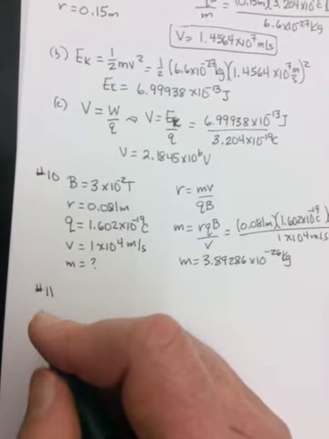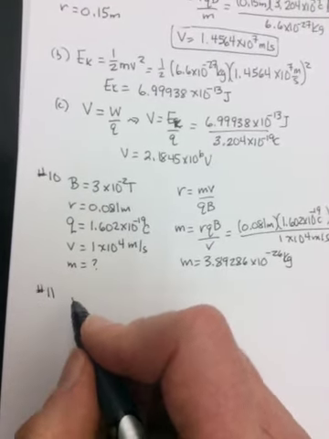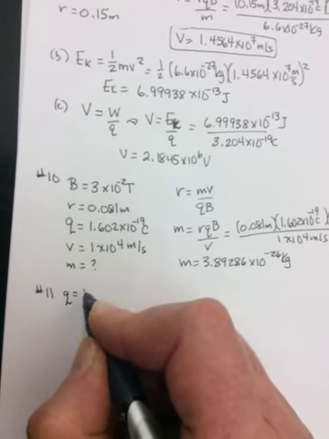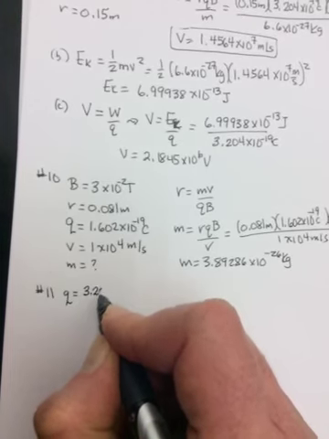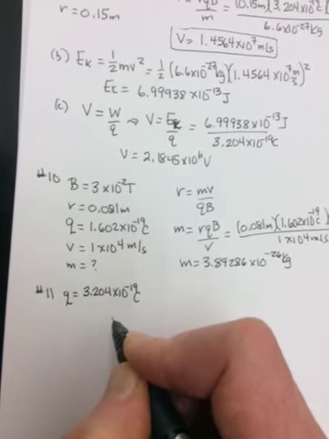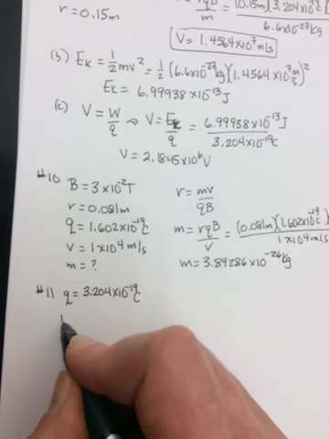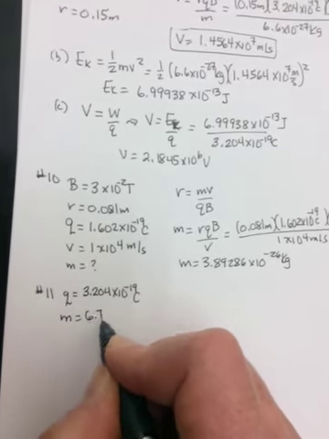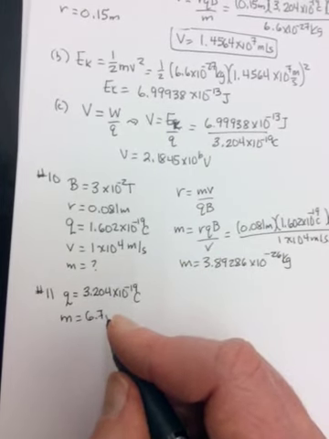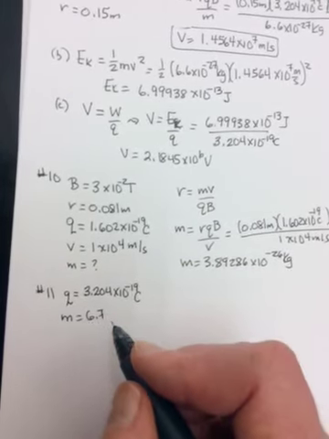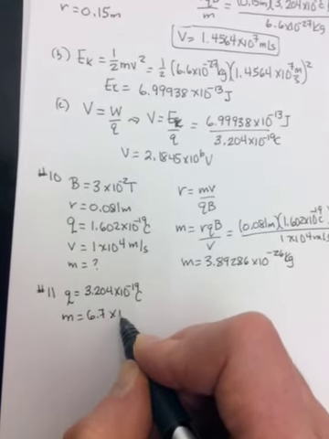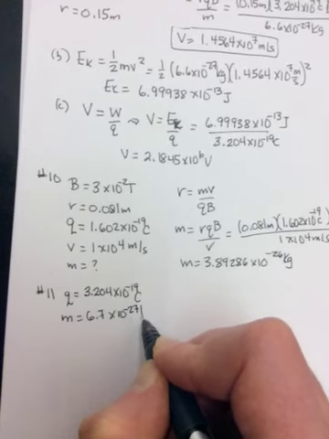An alpha particle, which is a doubly ionized helium atom, so it means q is going to be 2 times 1.602, or 3.204, times 10 to the negative 19 coulombs, has a mass of, gotta love the fact that they used a helium alpha particle in question 9 and told you the mass was 1.66, and in question 11 they tell you the mass is 1.67 times 10 to the negative 27 kilograms.